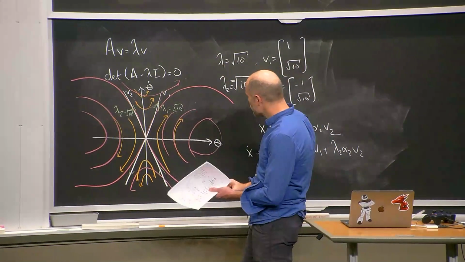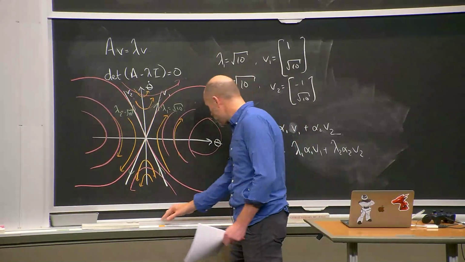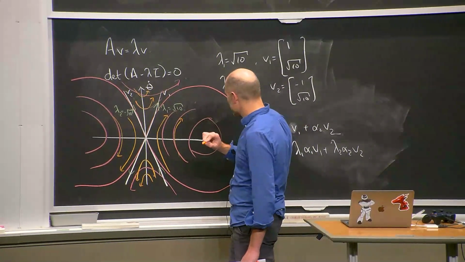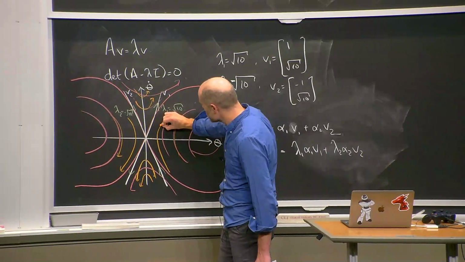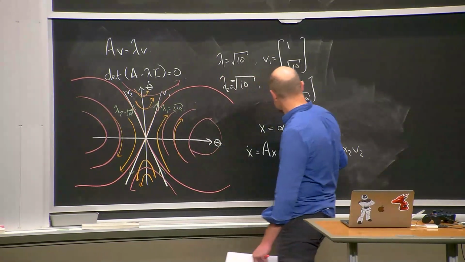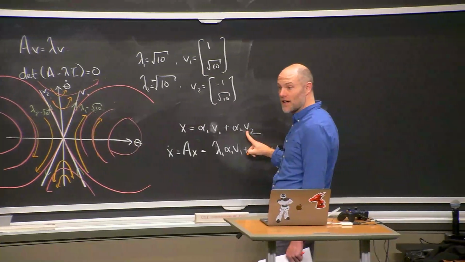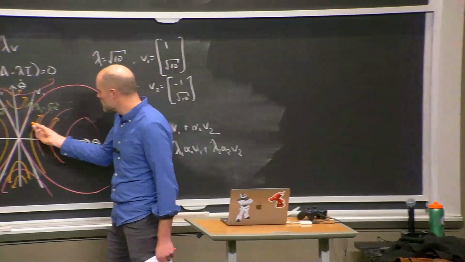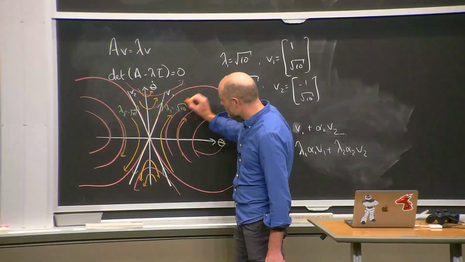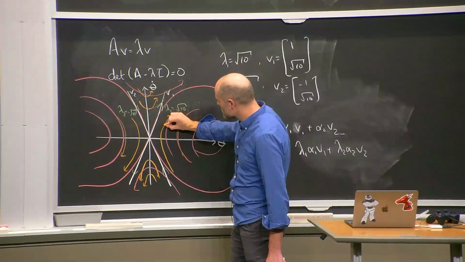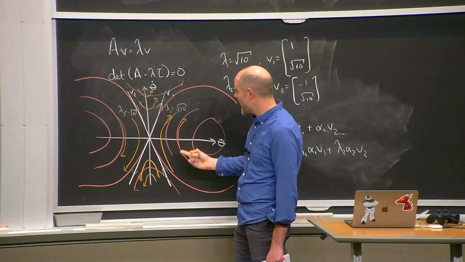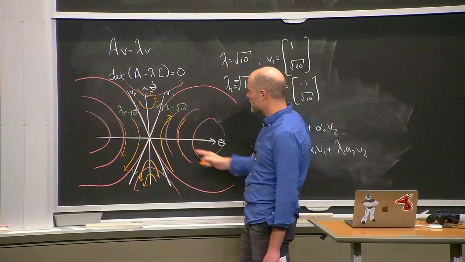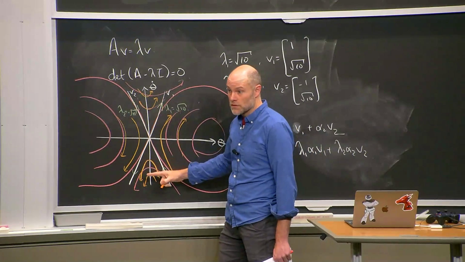Yep, so at every one of them, I did more than the computation in my head. I knew what it was going to be. But for every one of them, I take a point and evaluate it as the sum of two components of the eigenvectors, and I take those components with the eigenvalues. That allows me to tell you exactly what the x dot needs to be as a simple linear combination of those two vectors.